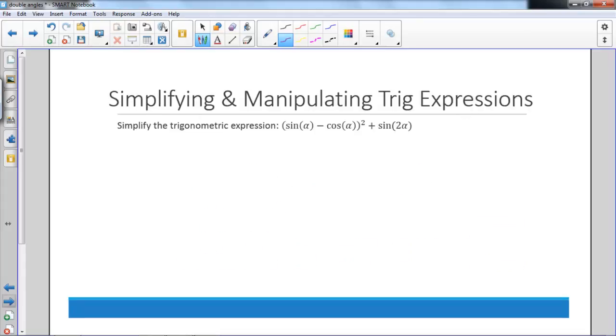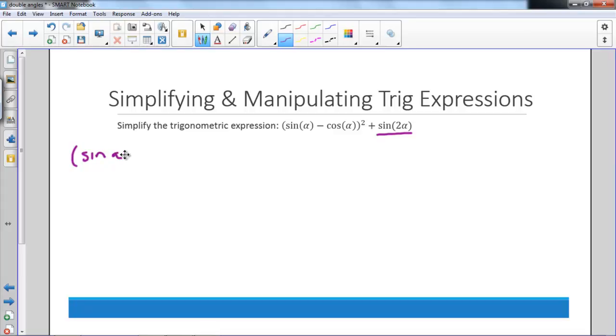In this example, I'm going to relate back to a previous video that I talked about simplifying and manipulating trigonometric expressions. So now that we have these new formulas for our double angles, we can now manipulate different trigonometric expressions that already have double angles in them. So looking at this example, I have sine alpha minus cosine alpha squared.